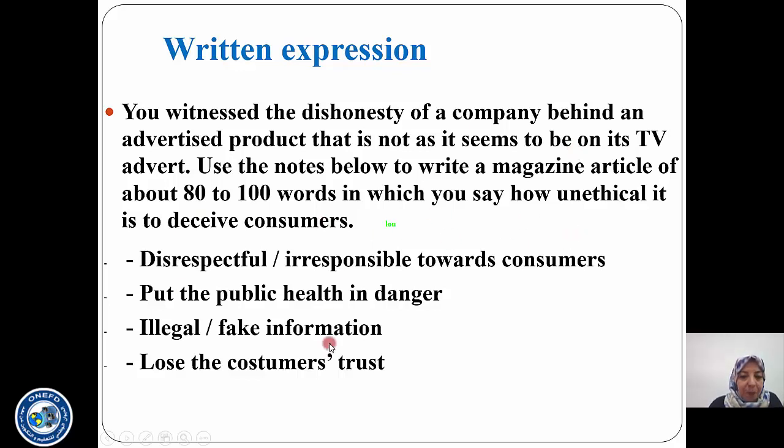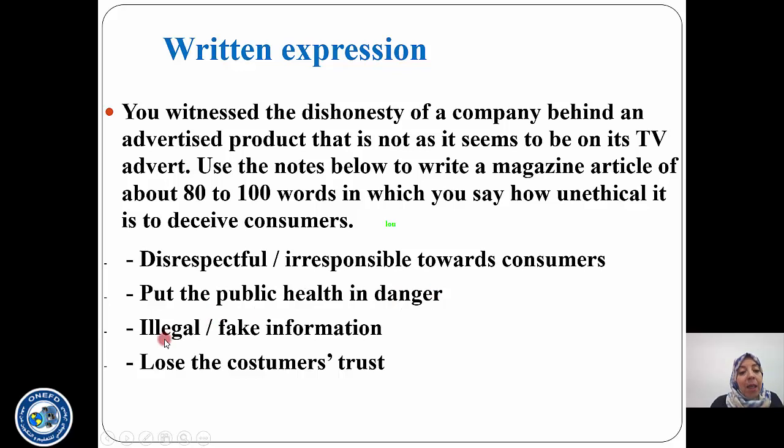So you have to develop these notes. So you have to say that it is disrespectful and irresponsible from the part of the company towards their consumers to behave unethically or to advertise unethically. Okay, why? Because this can put the public health in danger, especially when we talk about food and medicines. You can give examples here.